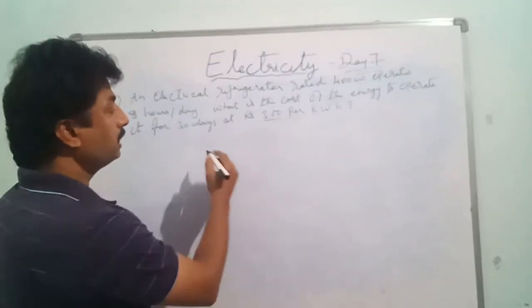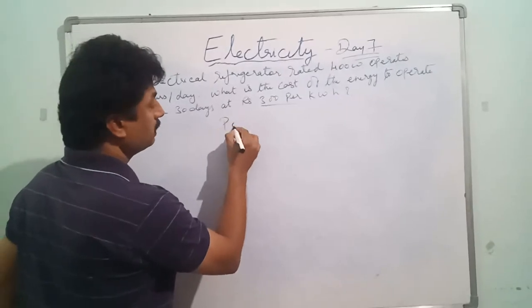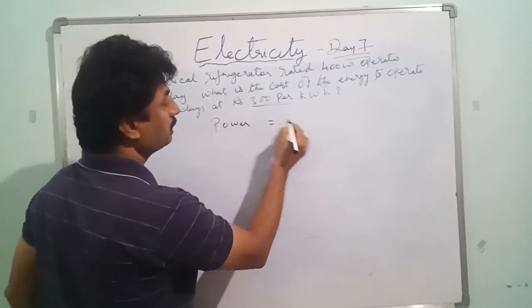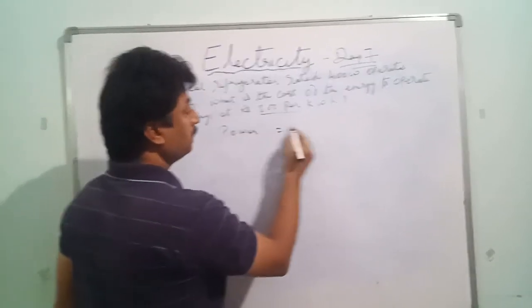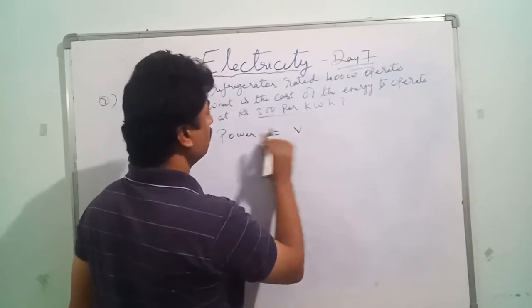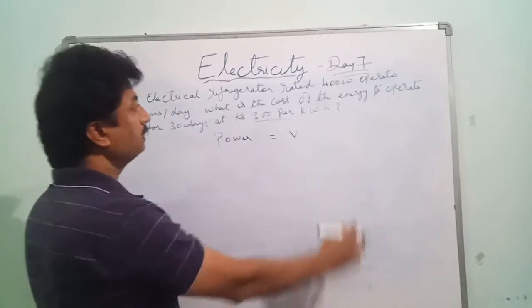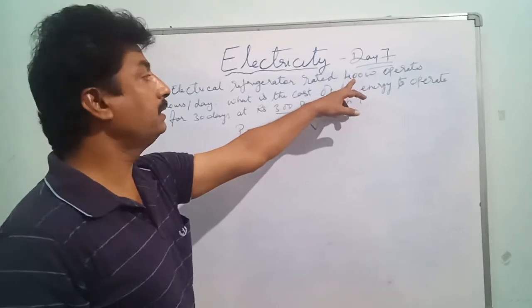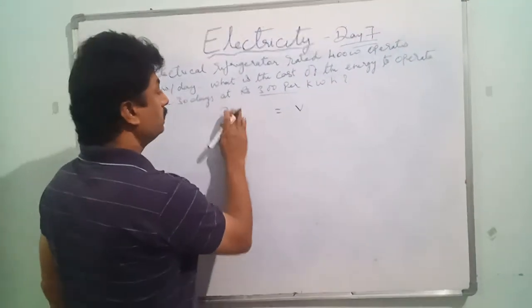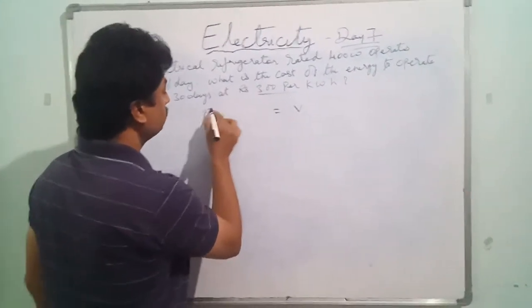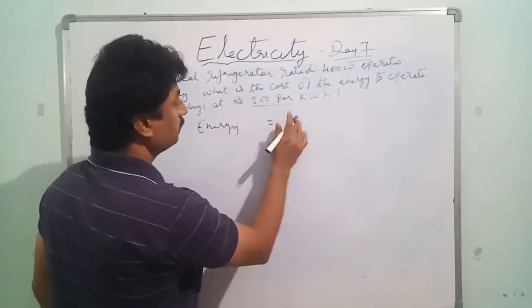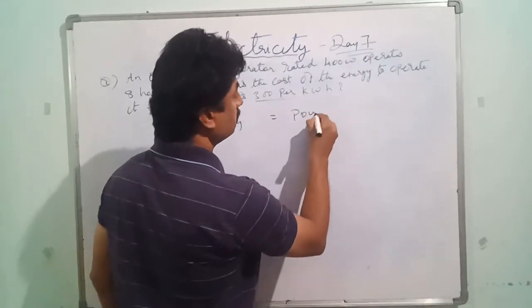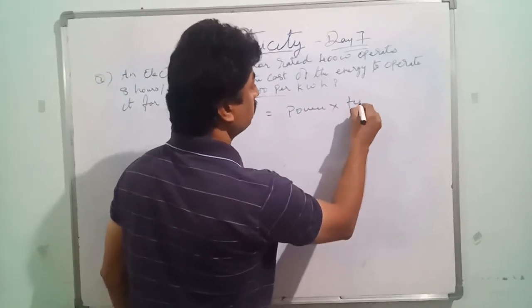Okay, let us start. What is the power consumption? Power will be given in watts, right? So first we need to find the energy consumption. It will be power into time.